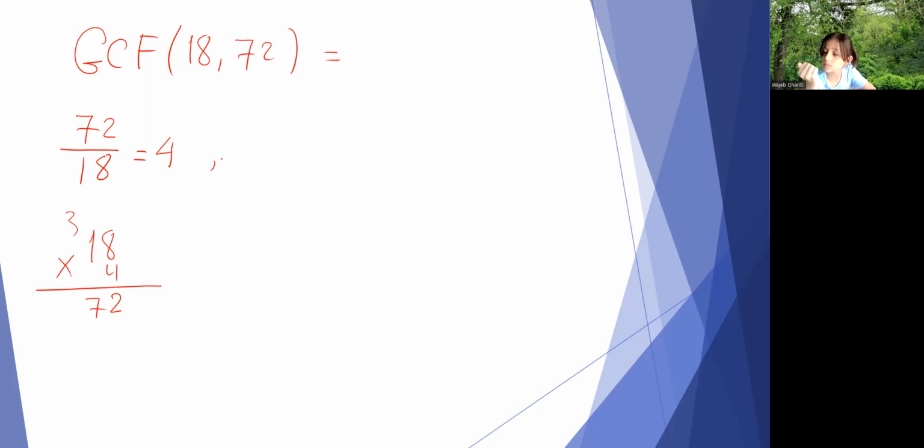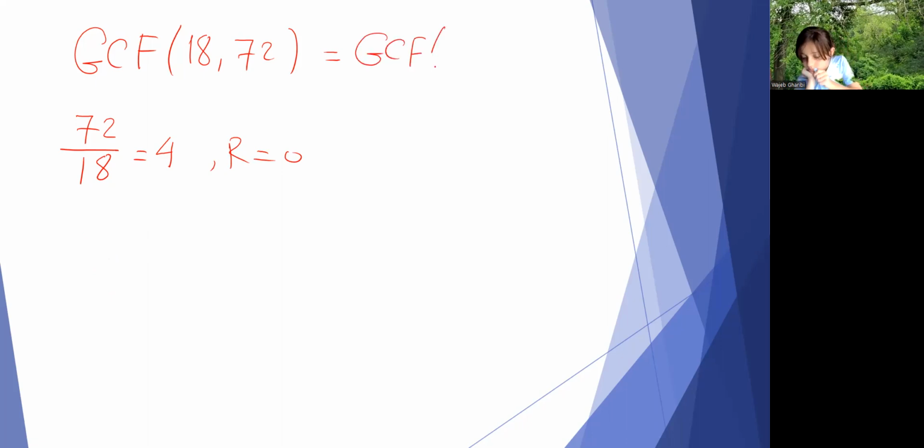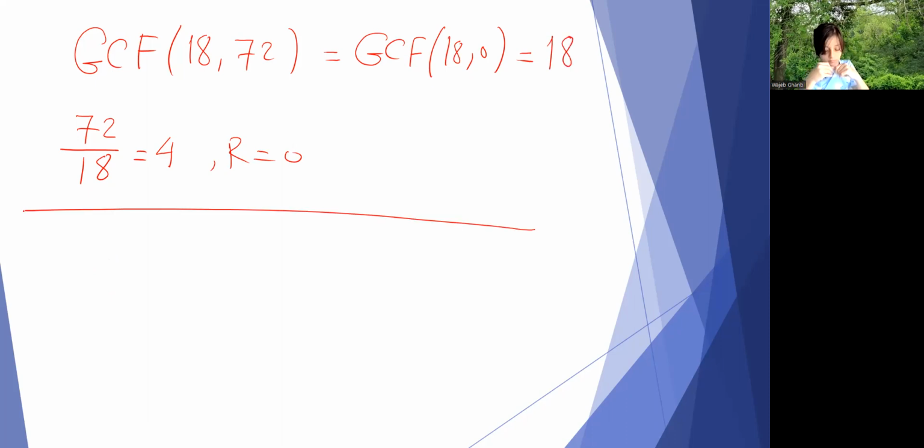What is the remainder, Maria? The remainder is 0. So this is the same as the greatest common factor of 18 and 0. And what is the greatest common factor of 18 and 0? 18. Okay, got it?